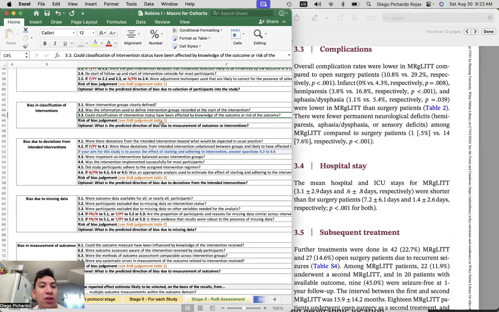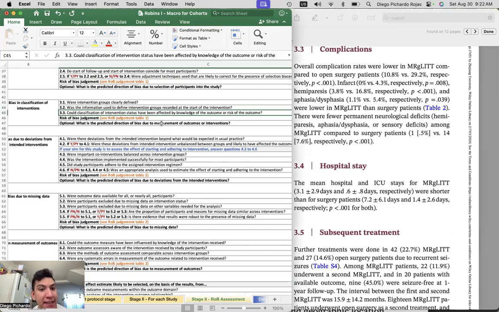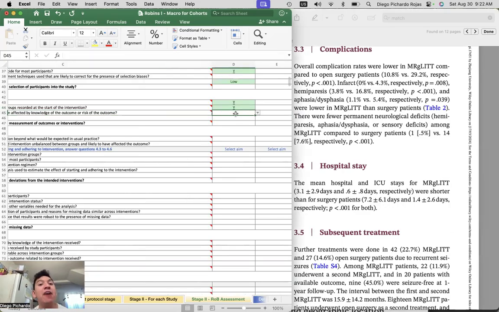And then, could the intervention status have been affected by the known risk of outcome? Imagine that a study reports the outcomes by, oh, then we divided the outcomes based on the patients that did well and the patients that did pretty badly. If we're stratifying the outcomes after the intervention, that's pretty suspicious, you know?